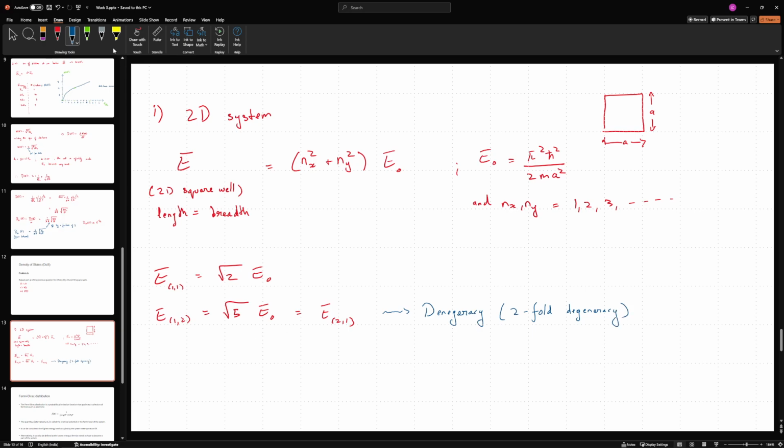Okay, and then after this, I will have E 2 comma 2, and there is only one way to have that, and that will come out to be 8 E naught.